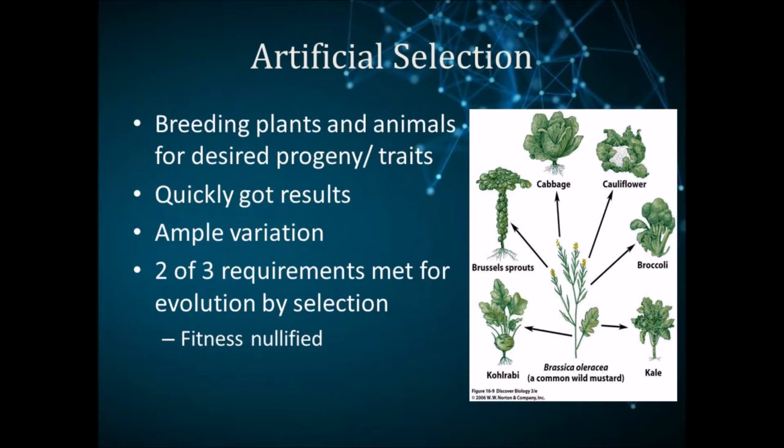This is because it is the breeder, rather than nature's environment, who decides which variants will be passed on via the progeny. Hence, the actual fitness of the trait is unimportant in artificial selection. Instead, it is the breeder's judgment and preferences which determine which traits are more desirable and will be passed on via the next generation.